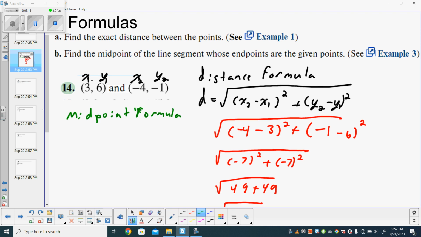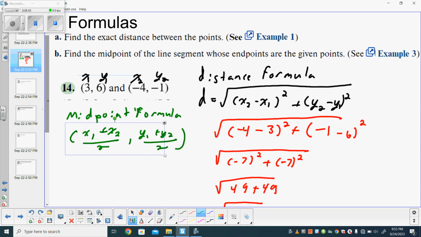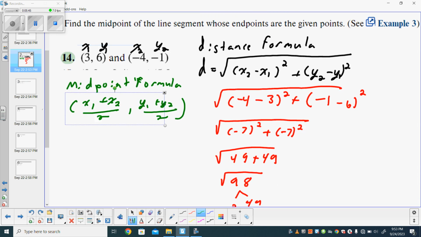That one will be x1 plus x2 divided by 2, comma, y1 plus y2 divided by 2. So you'll simply just add the x values, cut them in half, add the y values, and then cut them in half as well.